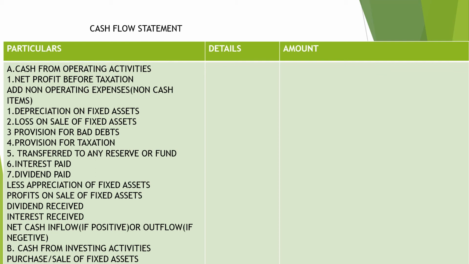If the cash is going out, we are purchasing, we will show in minus. And if we are selling, we will show in plus. Either you can use the word plus or minus, or for plus you need not use any sign, and for minus you will have to show in brackets.